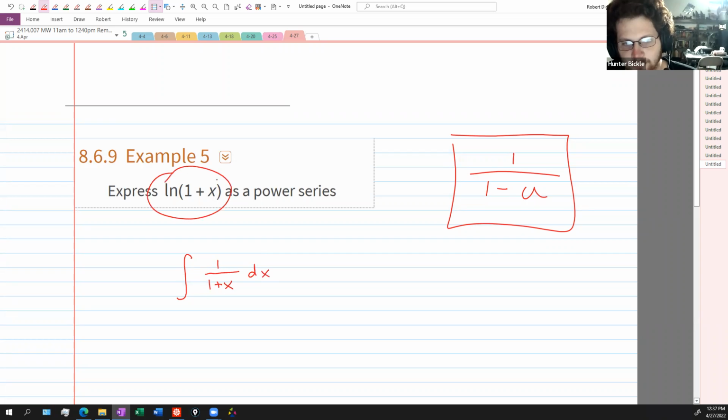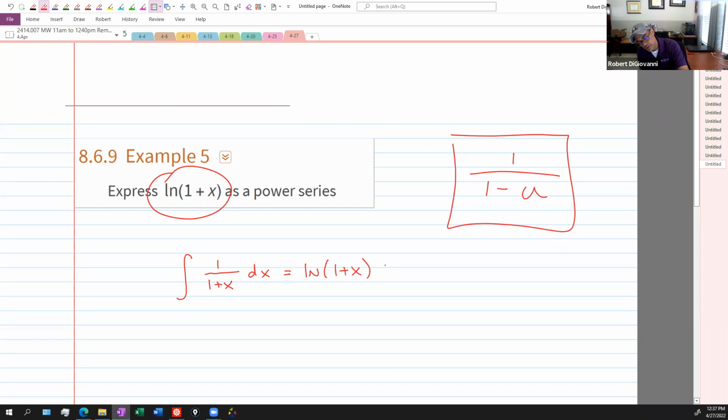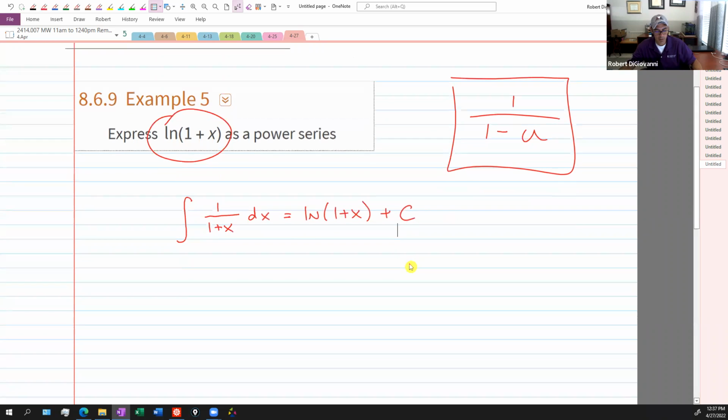So I'm looking at this and realizing the antiderivative of that is equal to the natural log of 1 plus x plus some constant, right? Y'all buy that? So that's what I know. The natural log, the thing I'm trying to find the power series of, is equal to the integral of 1 over 1 plus x dx.